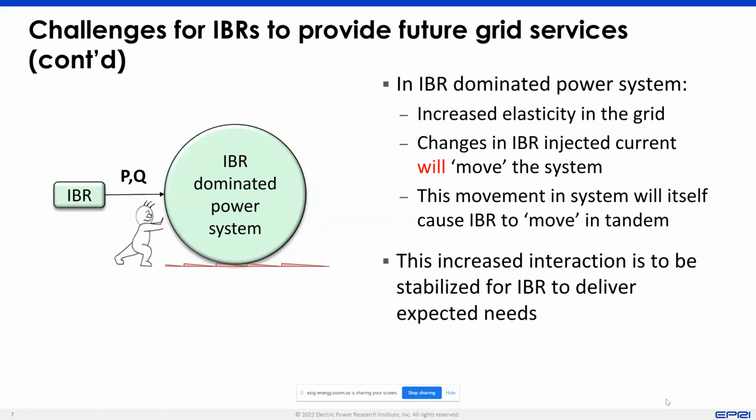Now, in a traditional inverter-based resource, these controls are fast, which means what's going to happen is if this is going to move around and that's going to influence the movement of this resource, this is going to try to track this movement very fast. It may fail in tracking the movement. Even if it doesn't fail, as it is trying to track that movement, it's going to influence the position of this system, which can cause an instability.